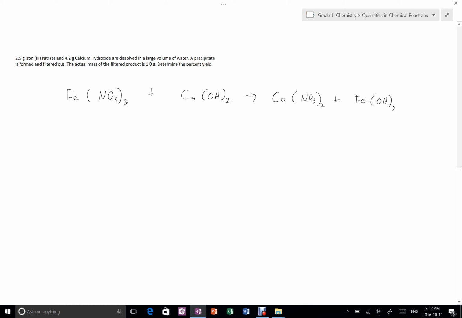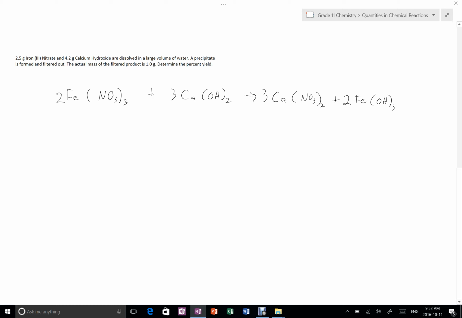And it's iron 3, so it crosses over for 3. Now that means irons are balanced, calciums are balanced, nitrates, I need 3 and 2 to get them both to 6. And then that's going to mean I need 3 calciums, which means I'm going to need 2 iron hydroxides. And now we're all balanced up properly.